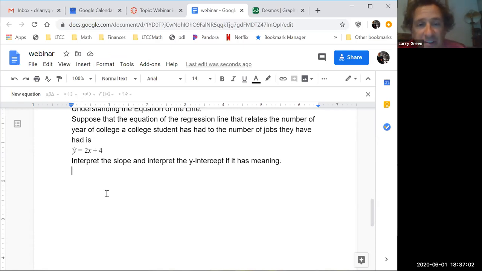Any questions on the question? Okay, let's start out with the slope. First thing, what is the slope of this line? If a few of you can chime in, see if we have agreement or not. Good, good. Okay, the slope is 2.